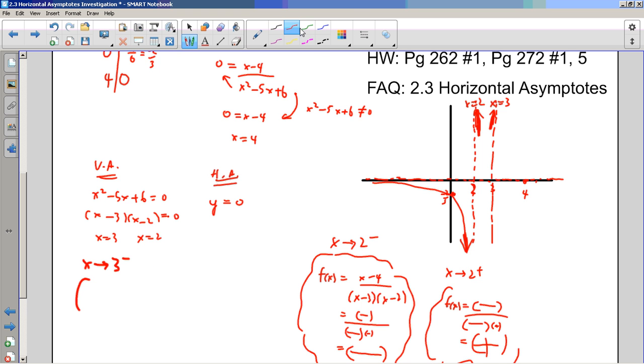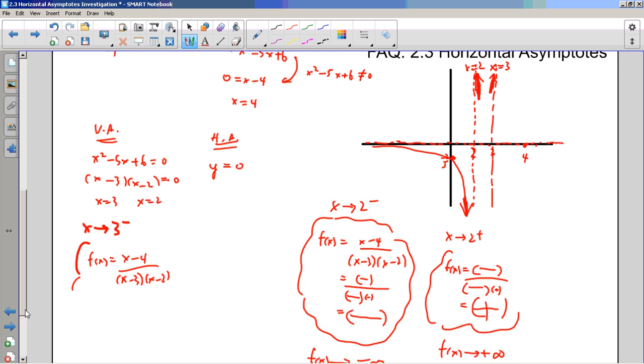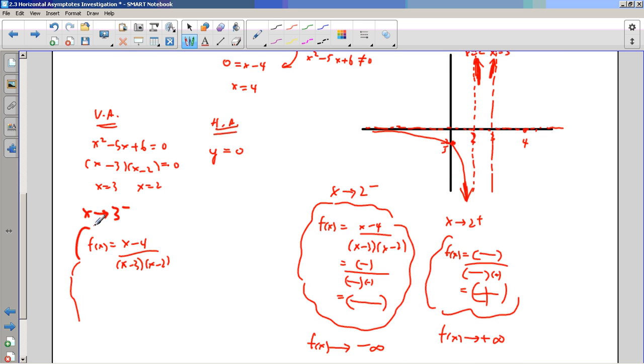I think of the function as x minus 4 and the factored version. The textbook actually does this positives and negatives in a table. If you've looked at the textbook, it's kind of an interesting way to do that. When x is a little bit less than 3, subtract 4 is still negative 1.